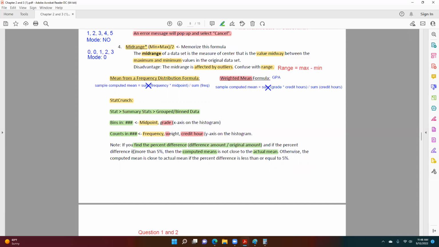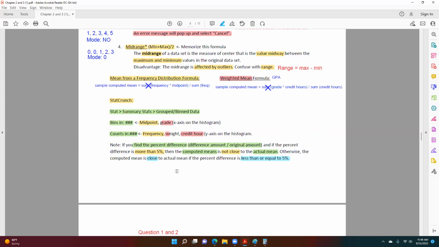If this percent difference is more than 5%, then it is actually not close at all. Otherwise, if you find this percent difference is less than or equal to 5%, then it will be close. Sometimes we are given two means and want to figure out whether they are close to each other.